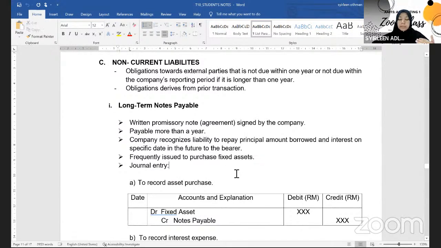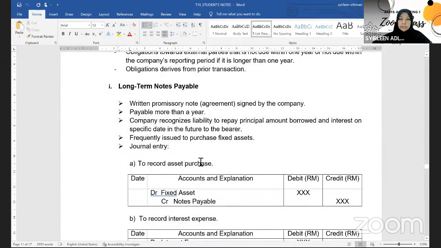Instead of berhutang dengan pembekal fixed asset tadi, or supplier of the fixed asset, you need to come out with a financing, bantuan keuangan. So that is where you come out with this long-term notes payable. So you are able to purchase the fixed asset without owing anything to the supplier of the asset.